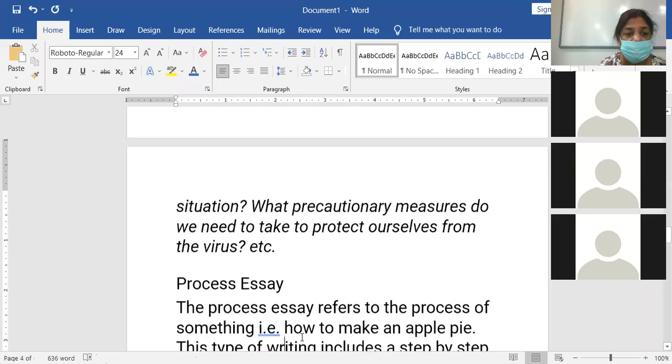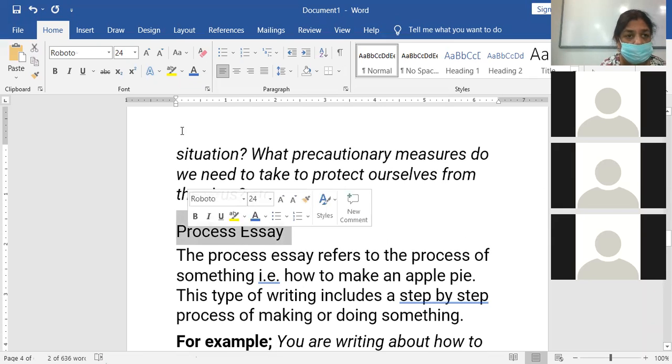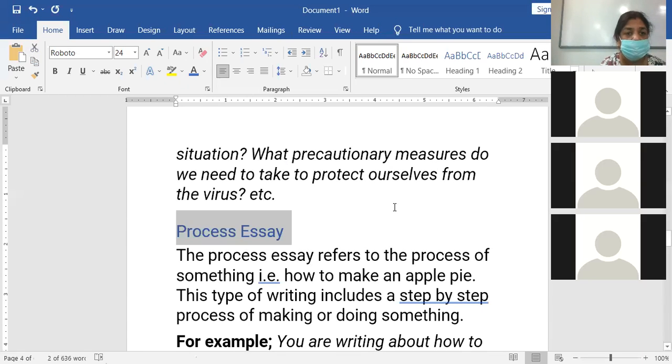And the next is processes. The process comes with a series of events. The process essay refers to the process of something, that is how to make an apple pie.